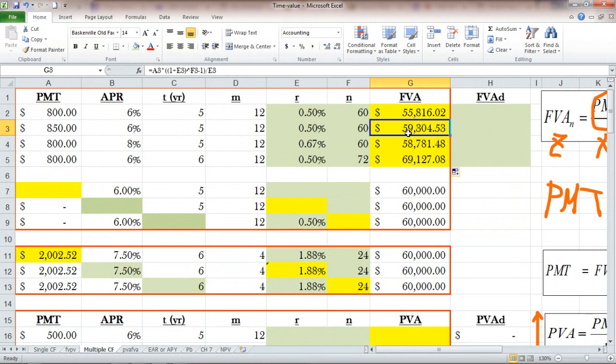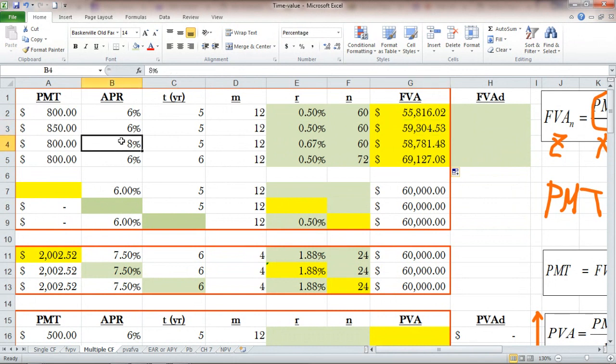So if we increase our monthly deposit by $50, we are very close, but still about $700 short. So we know we are close, but we need to nail the exact amount.